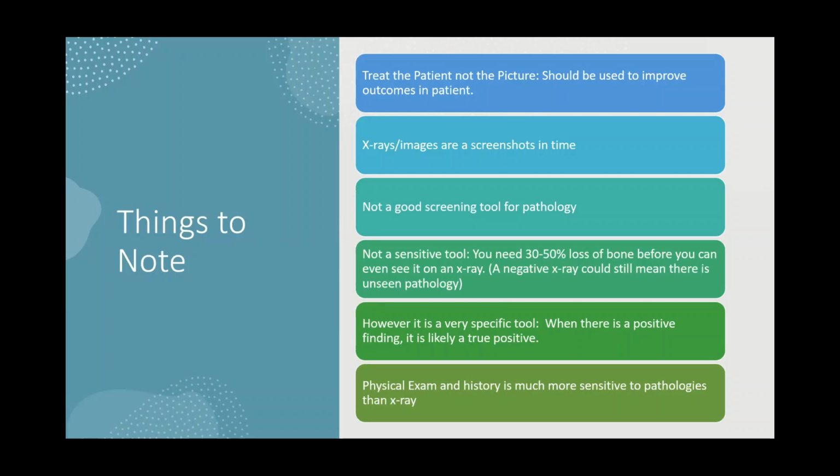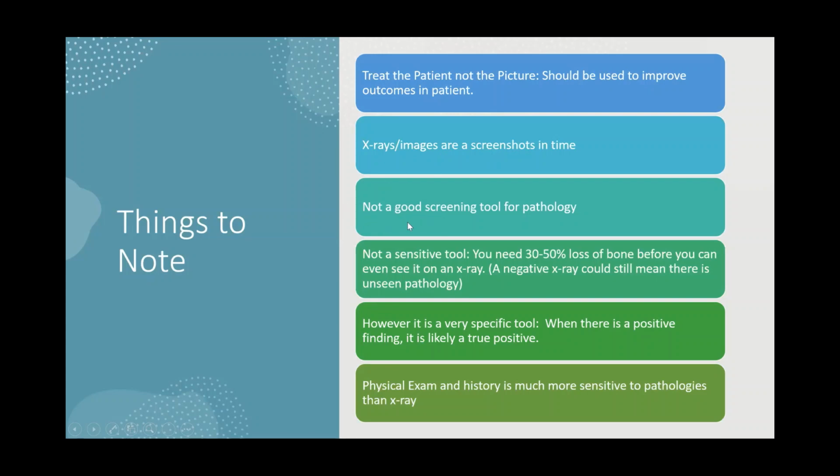Same thing with a disc bulge. If we have a disc bulge or a disc herniation on an image from a couple years ago, oftentimes if we were to retake an image, that disc bulge or herniation would not be there anymore. So just because you've had something on an image in the past does not mean that you have it now. And that's because an X-ray or an image is a screenshot in time.